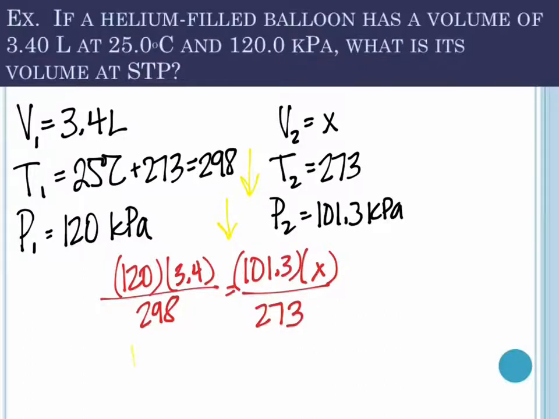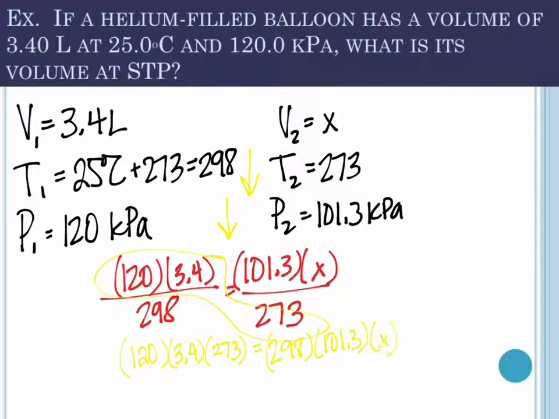So this is one where you cannot predict if it's right or not. You just have to do the math. So we're going to cross multiply these 3 numbers and cross multiply the other side.